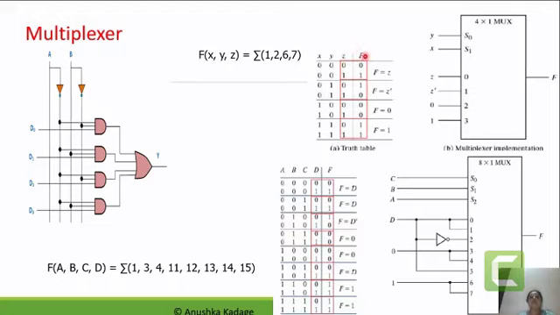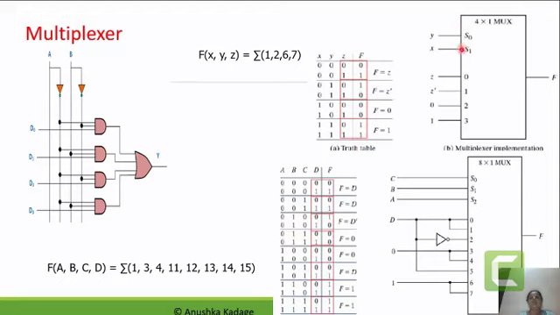And these inputs, if you observe, remain constant for each possible change of the last variable, and that's why we decide that x and y will be kept constant in the form of select lines, and with respect to the variable z, which continuously changes, the output function is going to be defined.